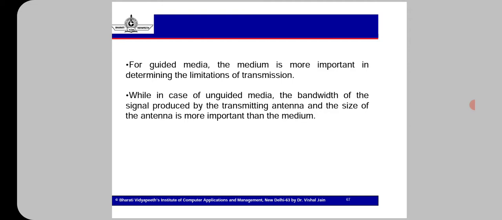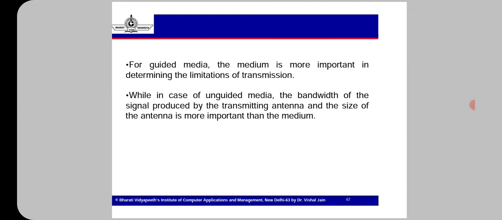So, what is bandwidth? Bandwidth is another term which is used in networks or data communication to measure the speed of the network. Bandwidth means number of bytes or number of bits transmitted per second.